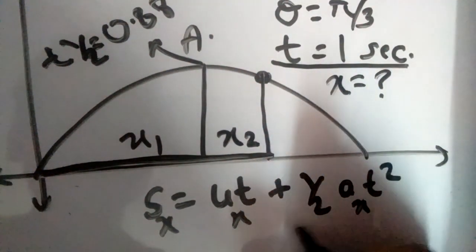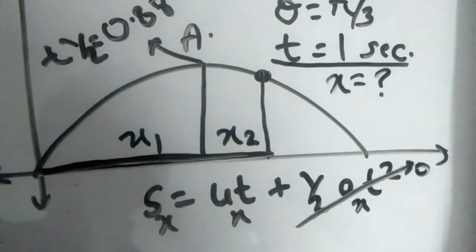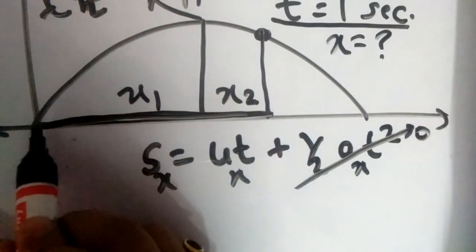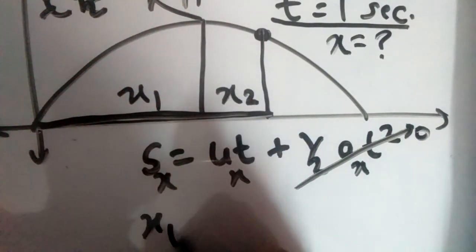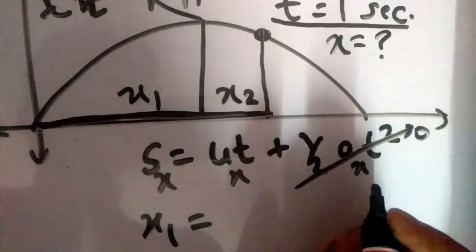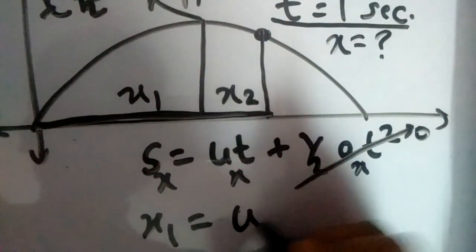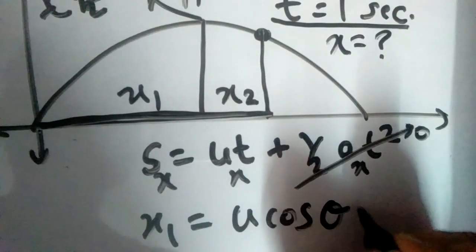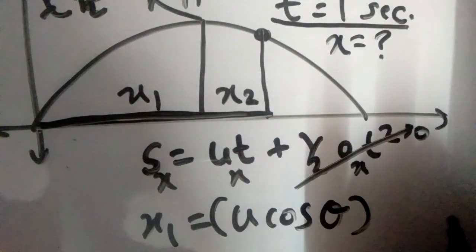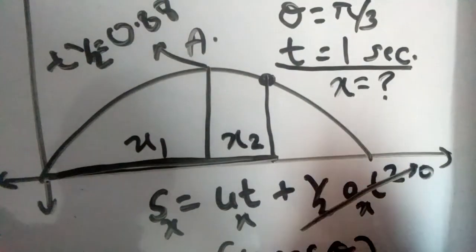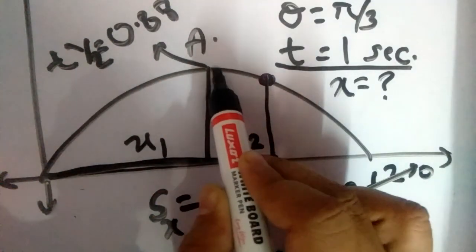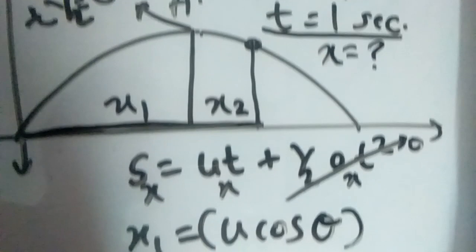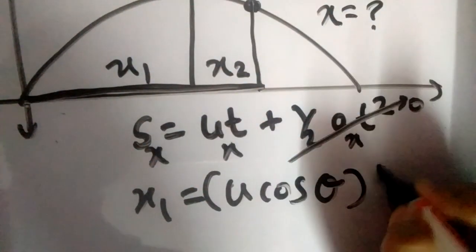We know that ax is 0 because no force is acting in the horizontal direction. So x1 equal to ux, which is u cos theta, the x component of u, times t. T is what? T half, because the body is moving from here to here and this is t half.